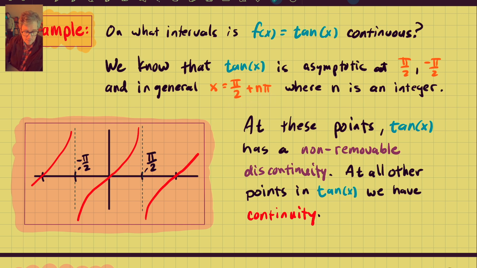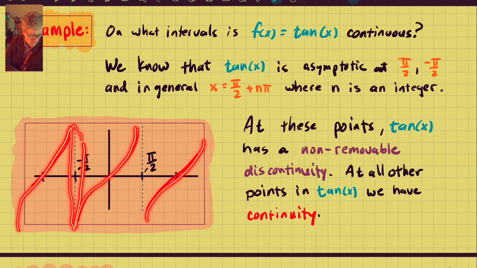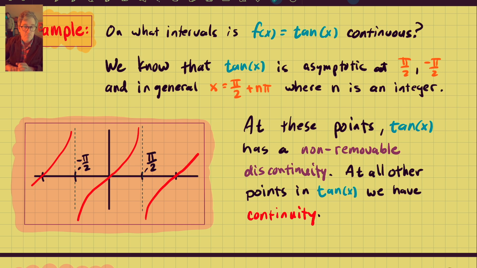So at these points, the graph of the tangent function has a non-removable discontinuity. Right here, these are all non-removable discontinuities. But at all other points, tangent is continuous. The tangent function is continuous across all these other intervals. It's just these values, pi over 2 plus n pi, where we have issues.